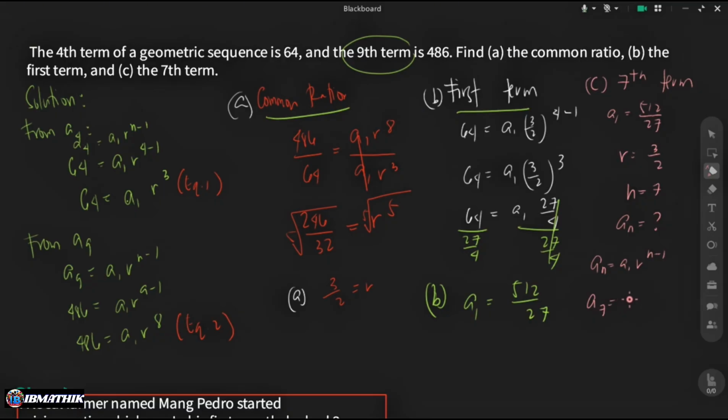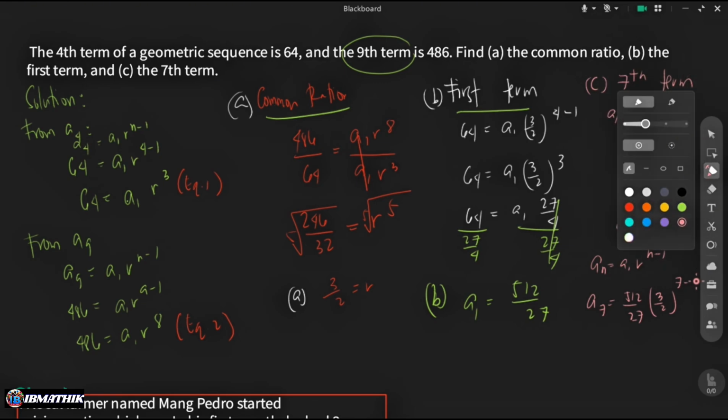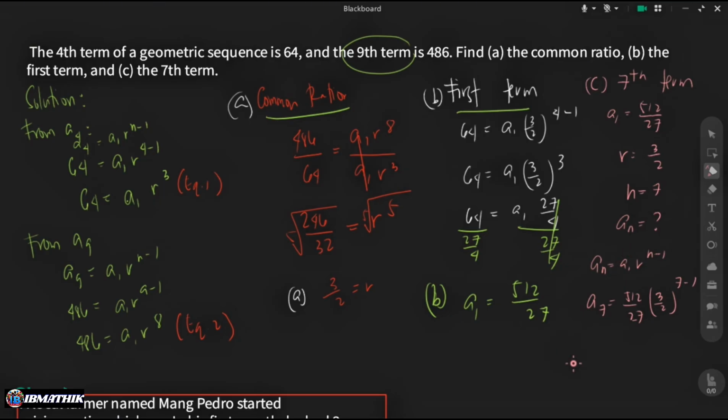This is 7. 512 over 27 times 3 over 2 raised to 7 minus 1. Continue the process. 512 over 27 times 3 over 2 raised to 6. So the answer with that, and my answer will be 216 for letter C.